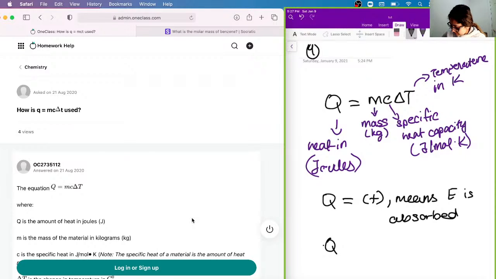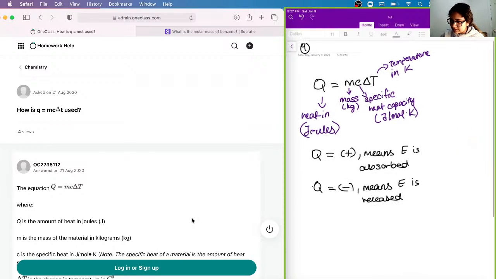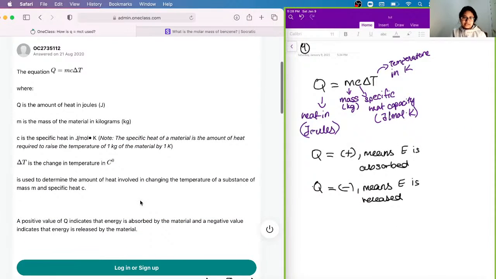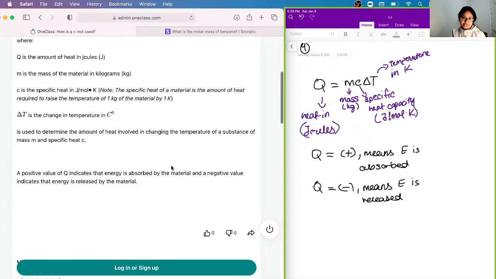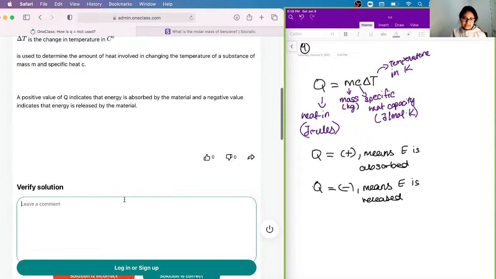And if Q is negative, this means energy is released by the system. So this is basically it. So we know that it is used to determine the amount of heat involved in changing the temperature of a substance of mass m and specific heat capacity for the system.